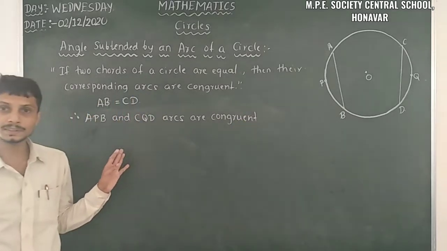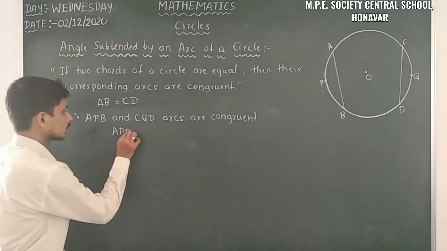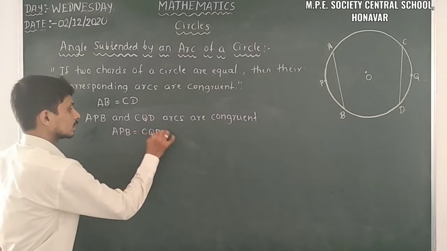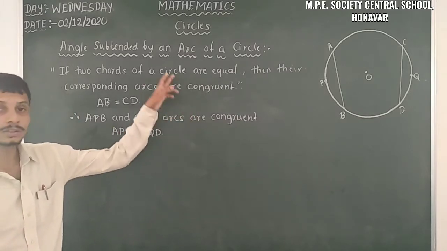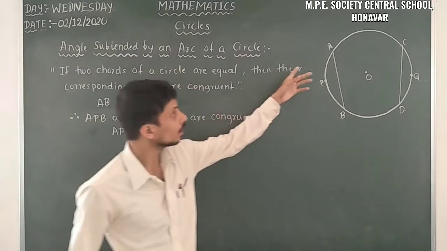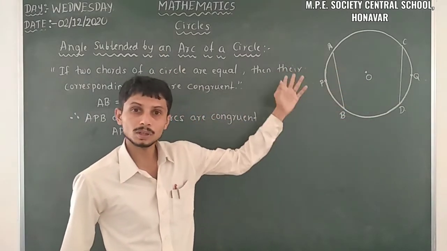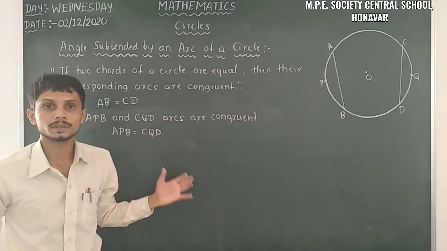So congruent means APB is equal to CQD. When we have two equal chords of a circle, the arcs formed by the chords are also equal.